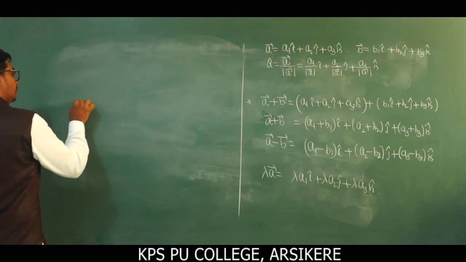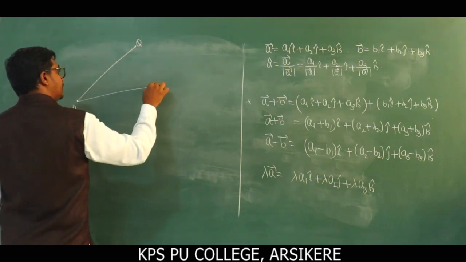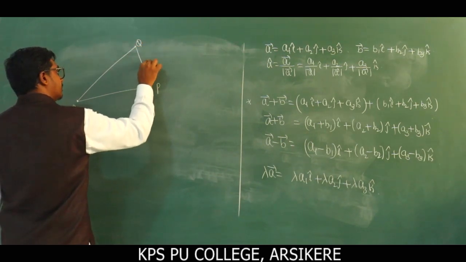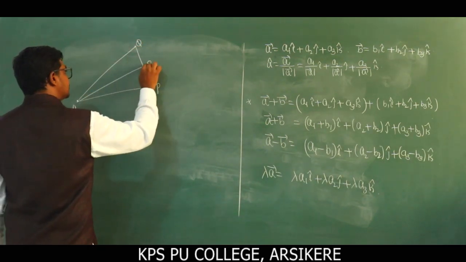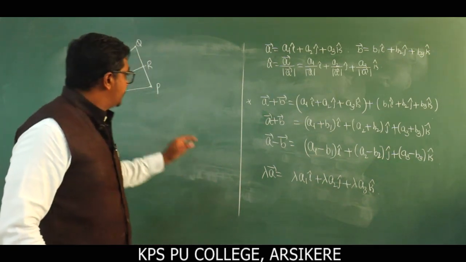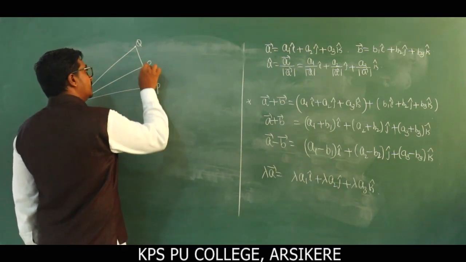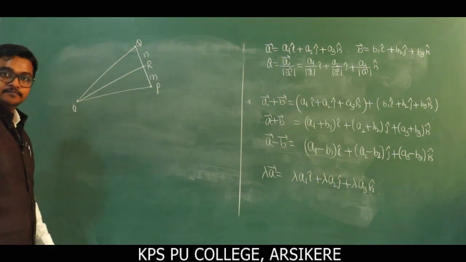So this is the point O, this is the point Q, this is the point P, and here we have the point R. Here point R divides the line segment joining the points P and Q in the ratio m:n.